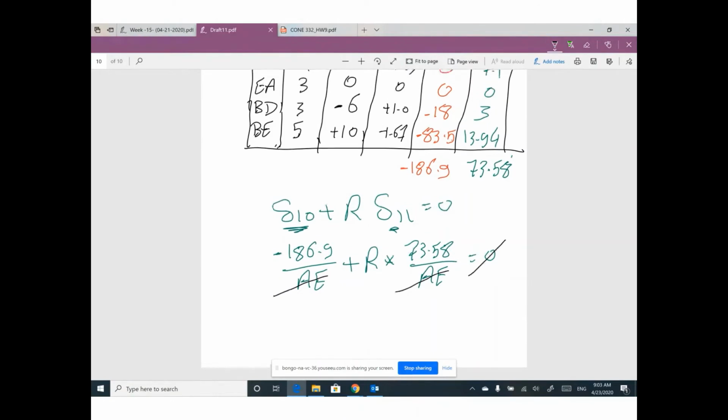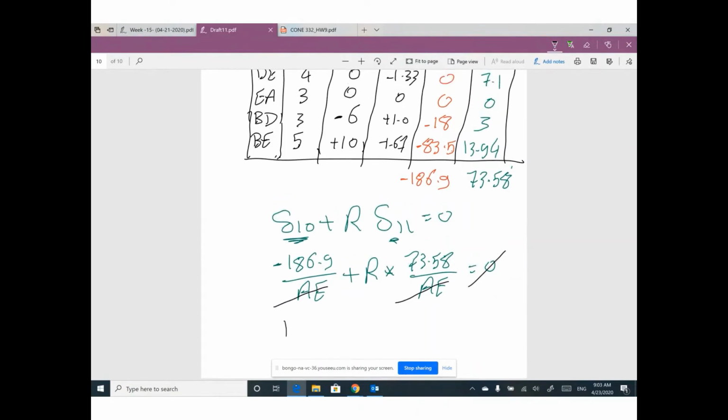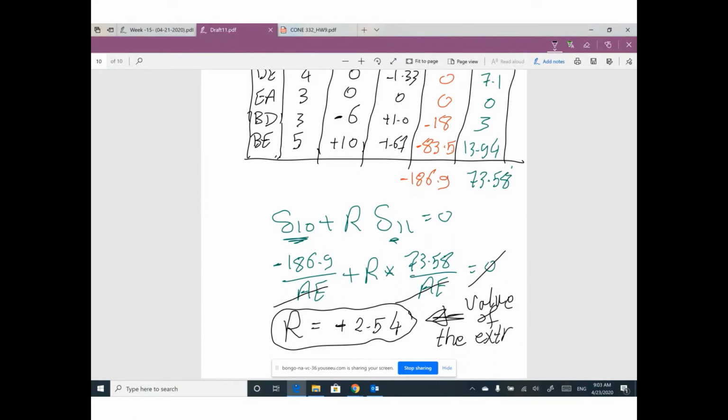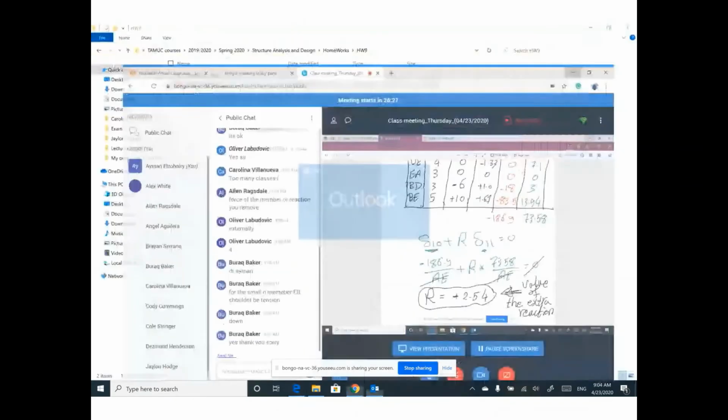The only unknown in this equation is the value of R. The value of R will be positive 2.54. After all of these calculations, this is only the value of the extra reaction.